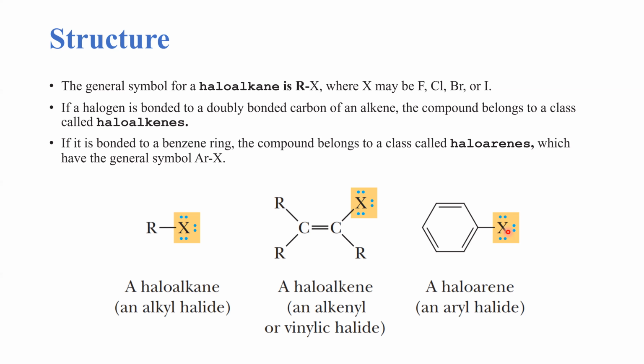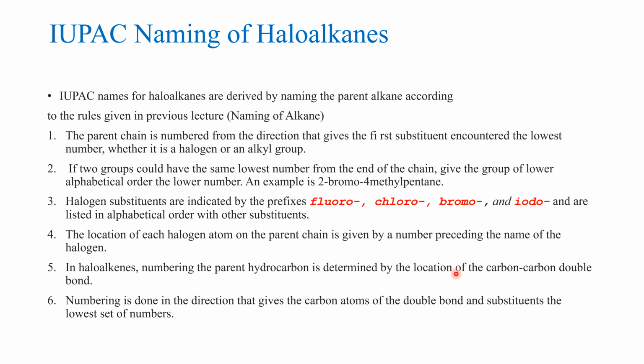Now coming to the next, the IUPAC naming of haloalkanes, how we can name that one. From your previous lecture and the information you may have gained, that is basically how we have to select the longest chain in the haloalkanes or whatever the class of the compound is.